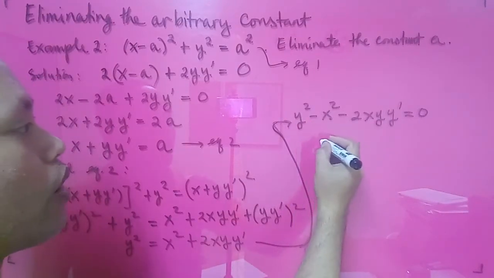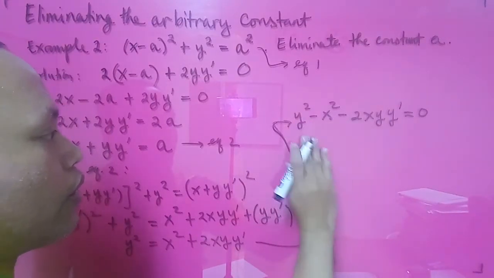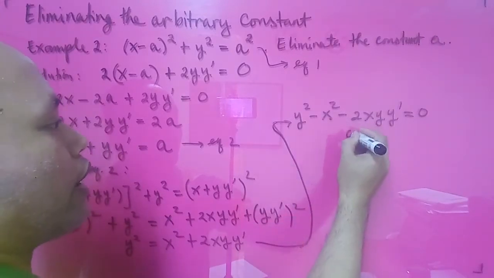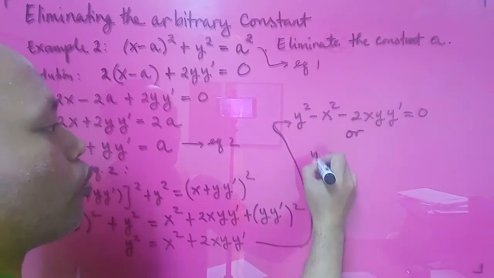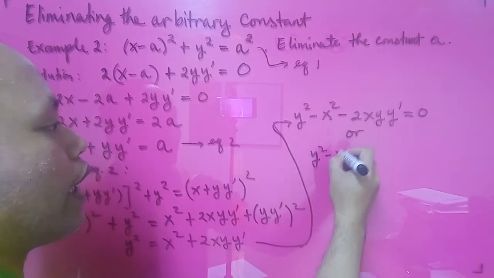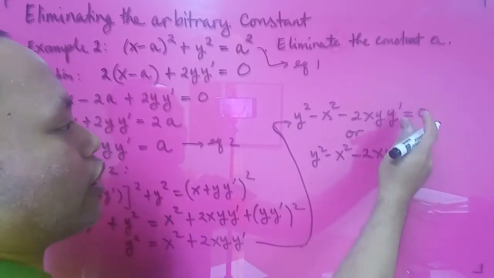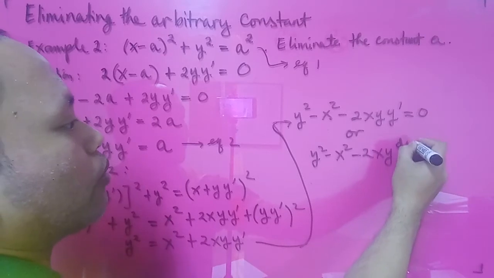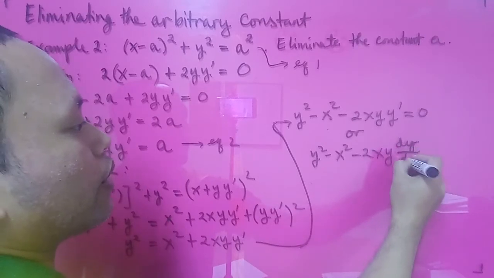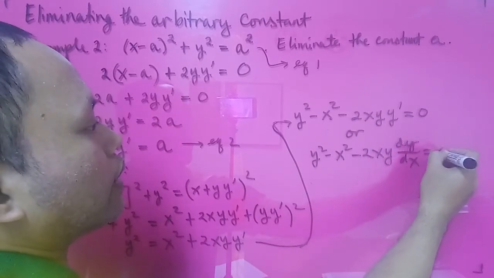Okay, we're going to write our final answer as y squared minus x squared minus 2xy, instead of writing y prime, we have dy over dx equals 0.